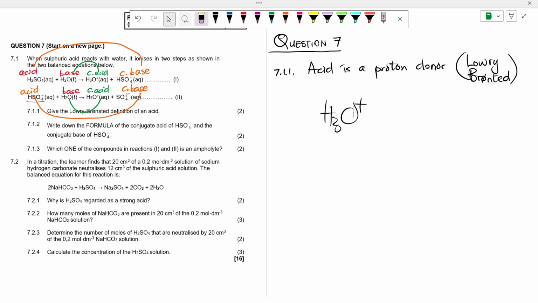7.1.2, write down the formula of the conjugate acid of HSO4 minus and the conjugate base of HSO4 minus. Let's see. What do we say for this? What is the conjugate acid of the same molecule?